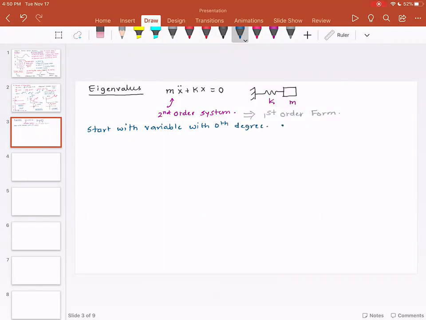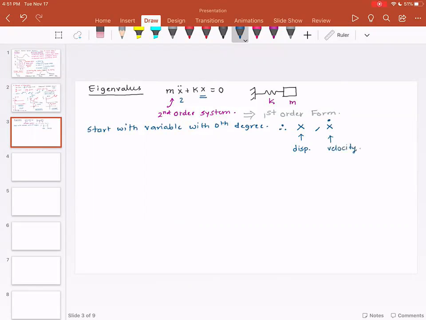What it means is in this equation, the order of x is 2. There are 2 dots. Here is the variable that does not have any dots. So that is going to be my first variable. The derivative of the first variable is going to be my second variable. So I have these 2 variables. This is the displacement variable and this is the velocity variable.